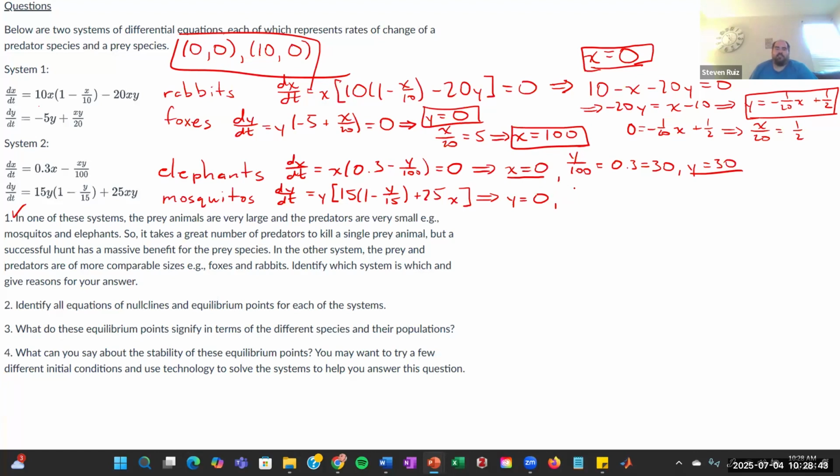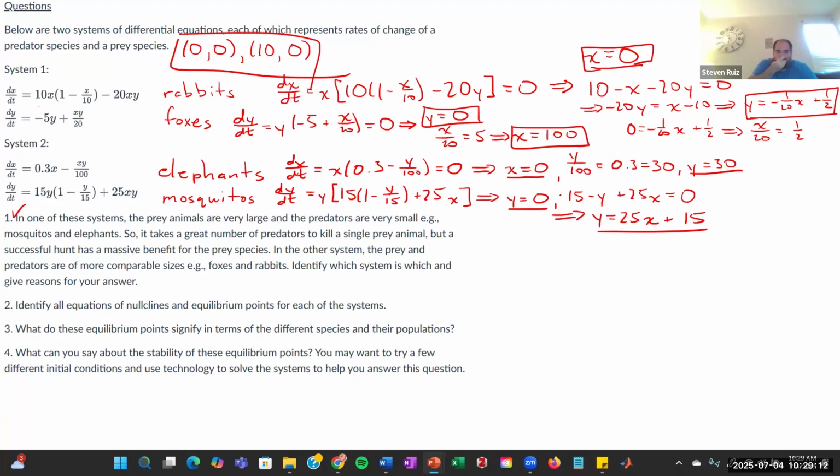The other case is 15 minus y plus 25x equals 0, which gives me what null line? Y equals 25x plus 15. All right, so I got my two null lines for each. Two of them are relatively trivial.